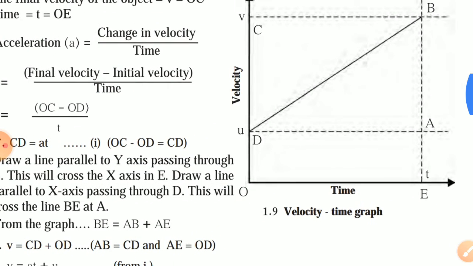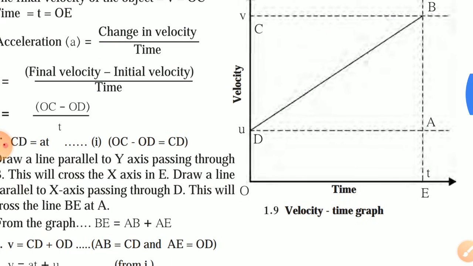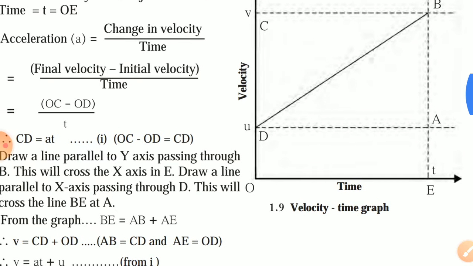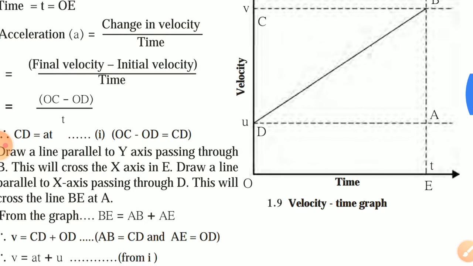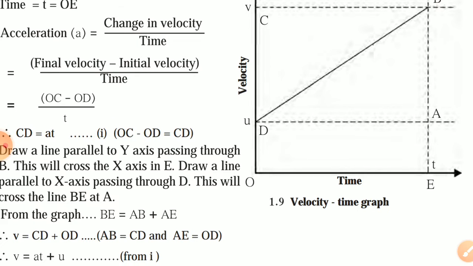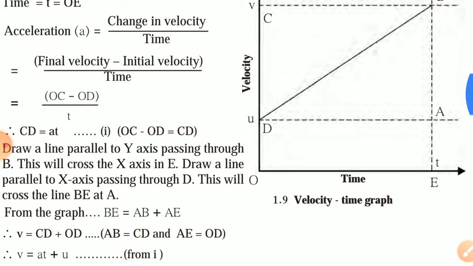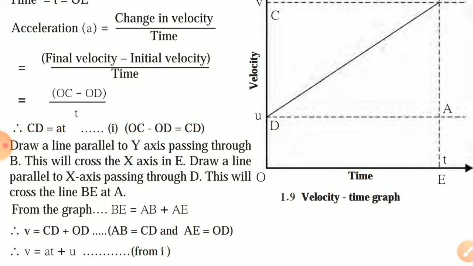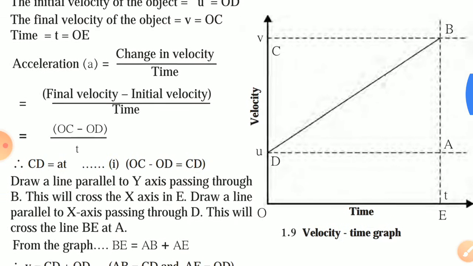All of you know that acceleration is equal to change in velocity divided by time. The change in velocity is final velocity minus initial velocity, that is v minus u. Here u is OD and v is OC, so v minus u is OC minus OD, and OC minus OD is equal to CD from the graph.